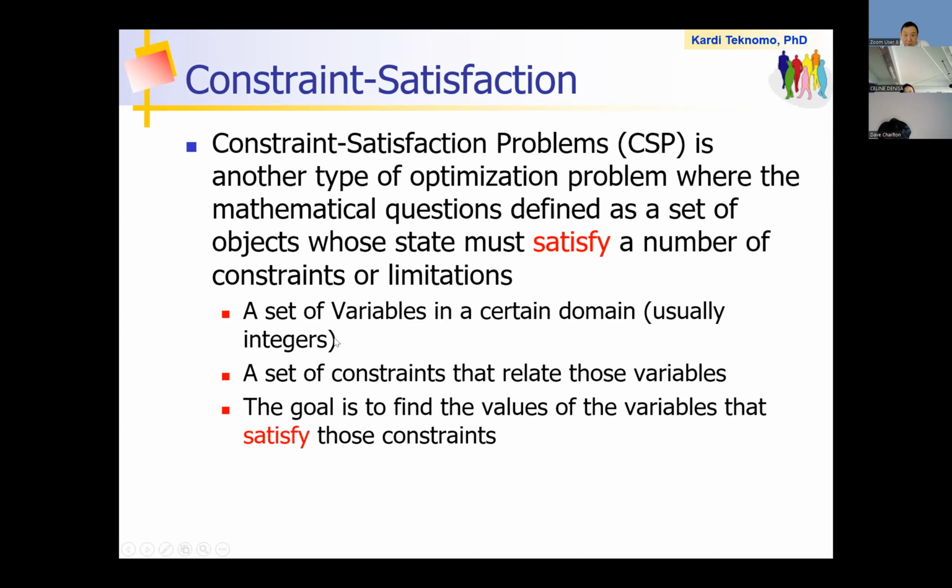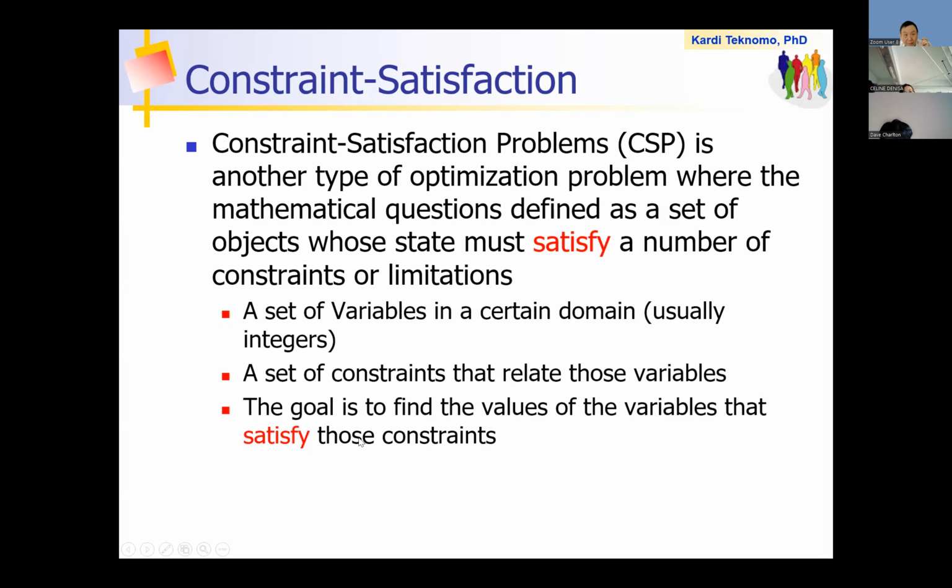So you have a set of variables in a certain domain, usually integer, and then you have a set of constraints related to those variables, and the goal is not to minimize or maximize, but to satisfy. The goal is to find the values that satisfy the constraints.